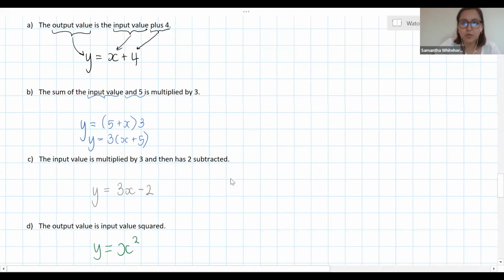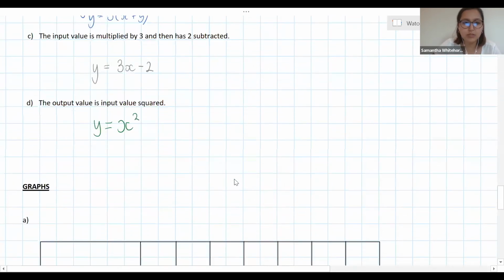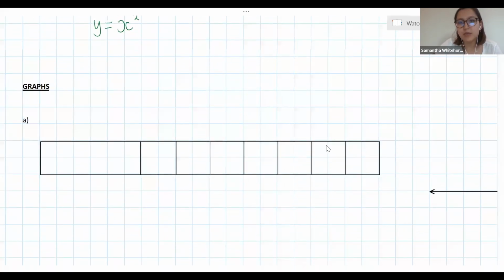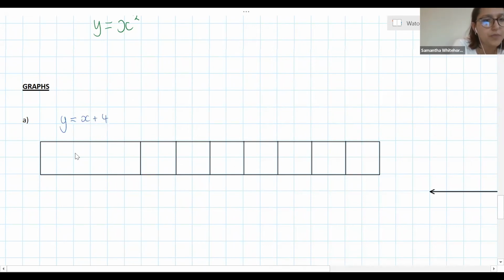Right, I'm hoping you've all taken a screenshot. I'm going to scroll down. So here's my table set up. I have just chosen to have this many squares. We'll get to specifics in a second, but let's start here. So y is equal to x plus 4. So we have an input, which is our x, and we have an output.